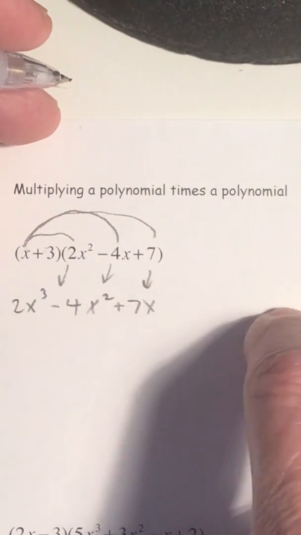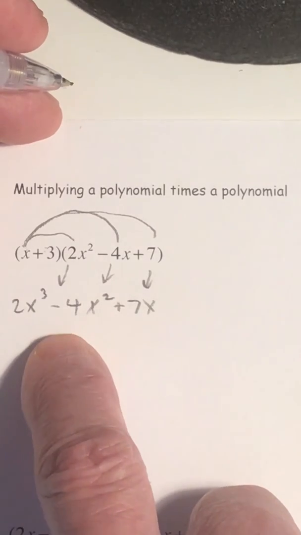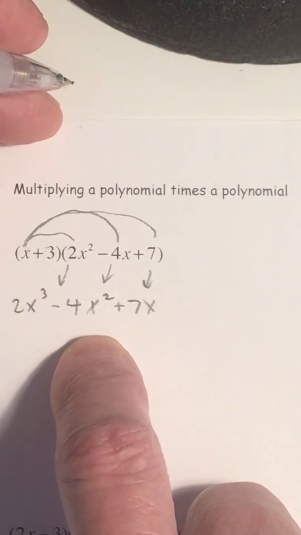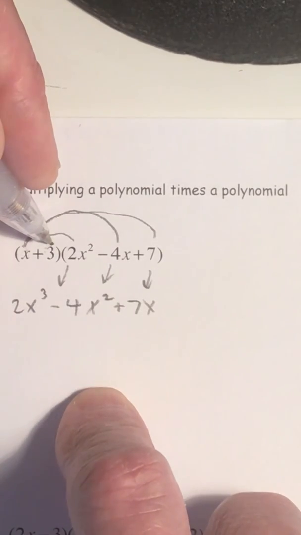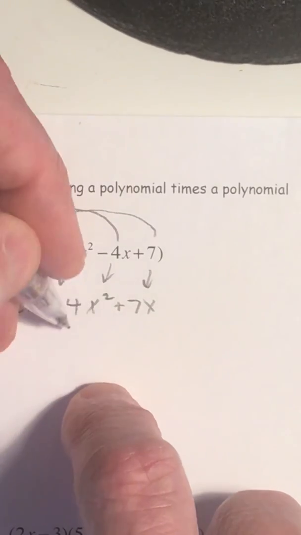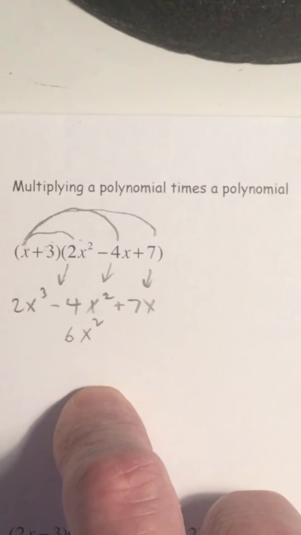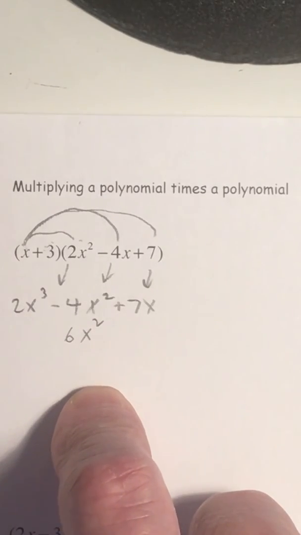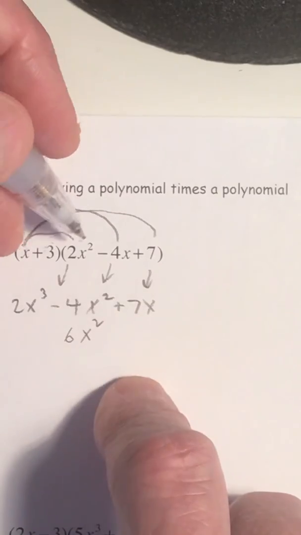Now everything in here gets multiplied by the 3. And I can keep writing things out horizontally, or I can start arranging columns for like terms that pop out. Like this first multiplication I do with the 3, 3 times 2x squared, I get 6x squared. If I put it right underneath the other x squared terms, it makes it easier for finishing up later. And 3 times minus 4x, I get minus 12x.